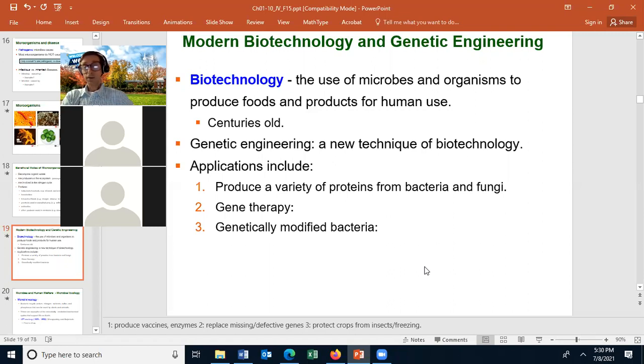One genetically modified tomato was the Flavr Savr tomato, and it was one of the first genetically modified vegetables or food, and it was a tomato that had a longer shelf life in the store, and so it did not rot, at least as quickly as other tomatoes did.